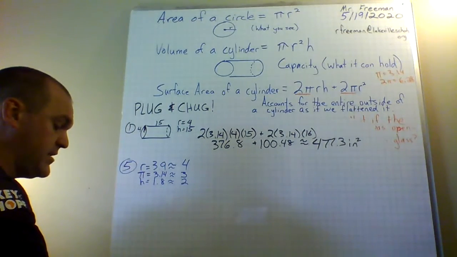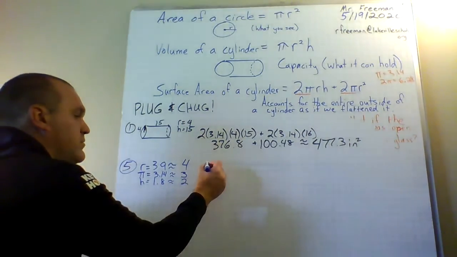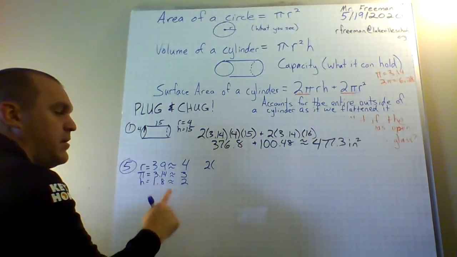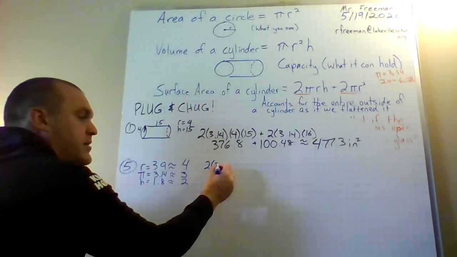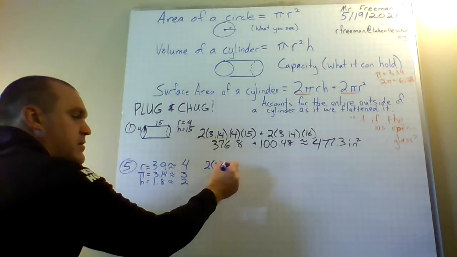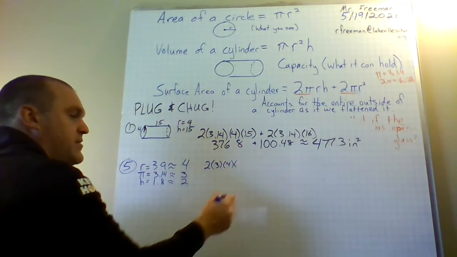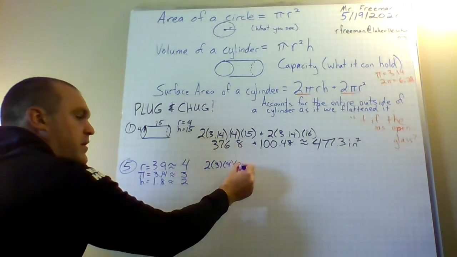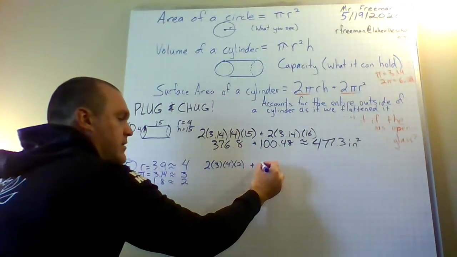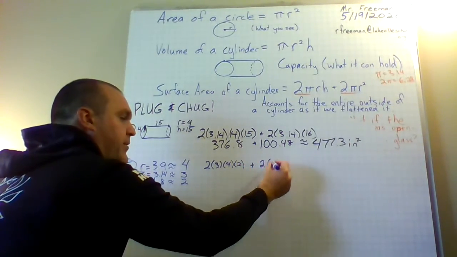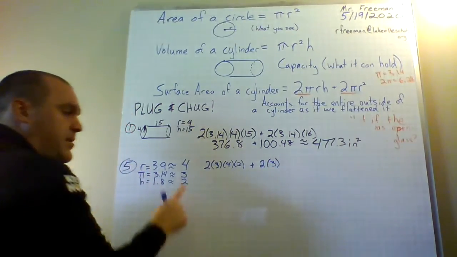So we simply say 2 times pi, which this time is just a 3, times the radius, which is a 4, times the height, which is 2, and we're going to add that to 2 times pi, which is 3, times r squared.